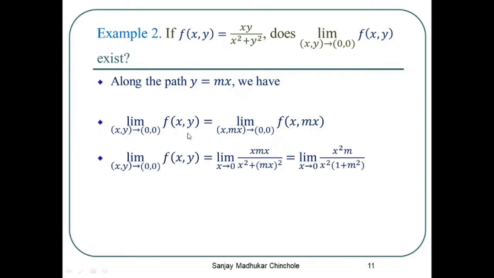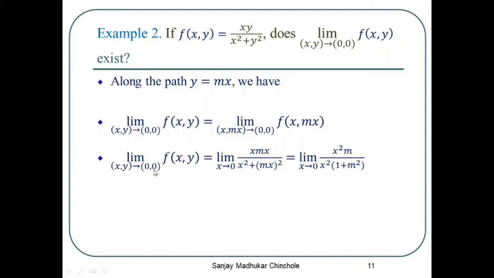Therefore, this limit becomes x tends to 0 only, and f(x, mx) becomes x into mx upon (x square plus (mx) square).